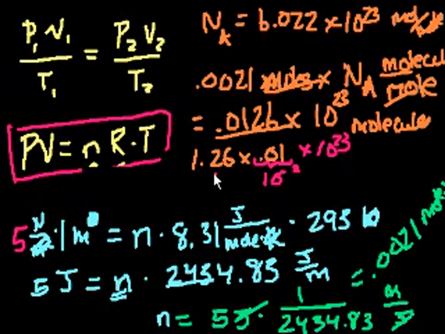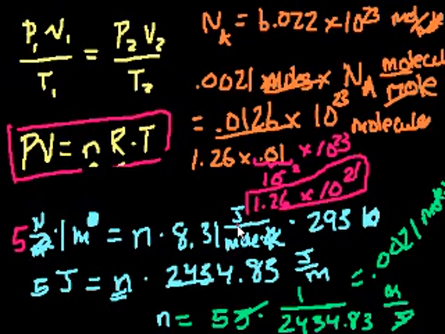So then we get 1.26 times 10 to the negative 2 times 10 to the 23; we add the exponents, and we get 10 to the 21st power. So roughly 1, 2, 6, and then another 19 zeros, or roughly 1 followed by 21 zeros, is how many molecules of, in this case, helium we had in the balloon.